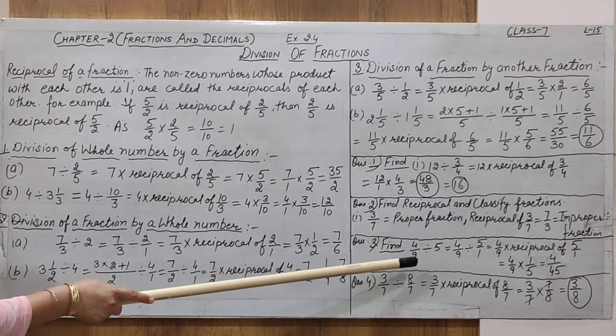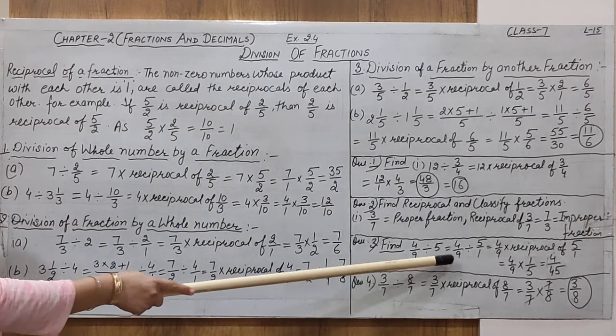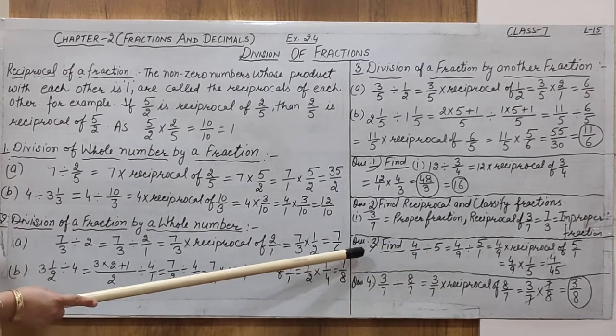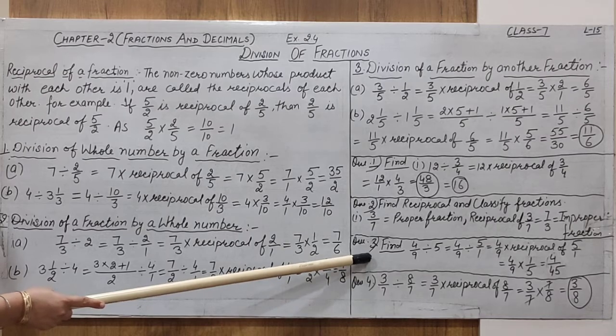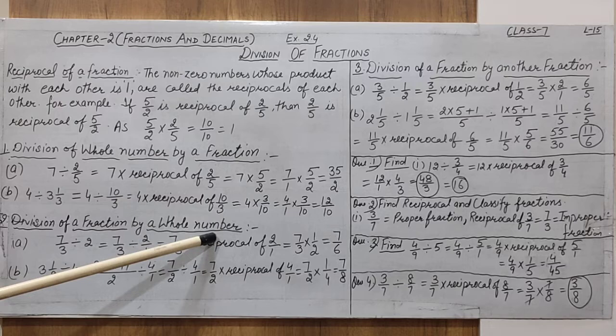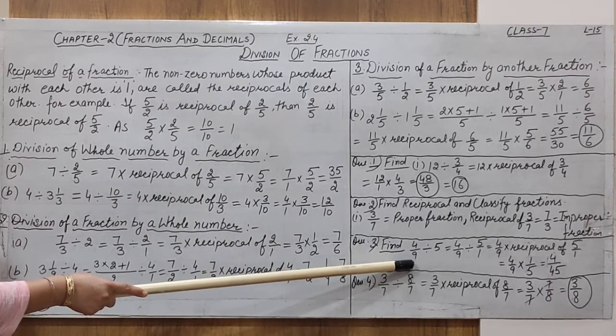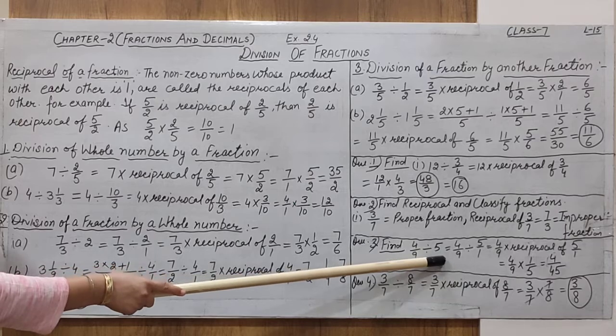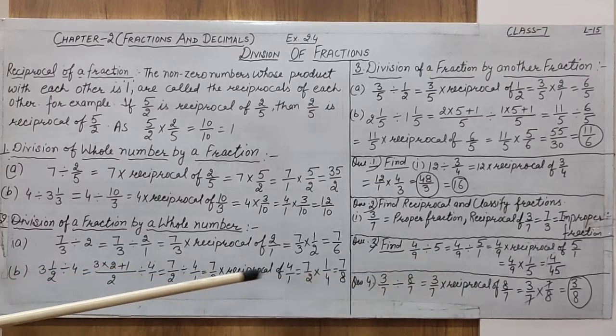Now the next question of the exercise. Find 4 by 9 divided by 5. Which kind of question is this? Division of a fraction by a whole number, that is the second type. This is a fractional number and it is divided by a whole number, that is 5. Now what is the first process for this question?